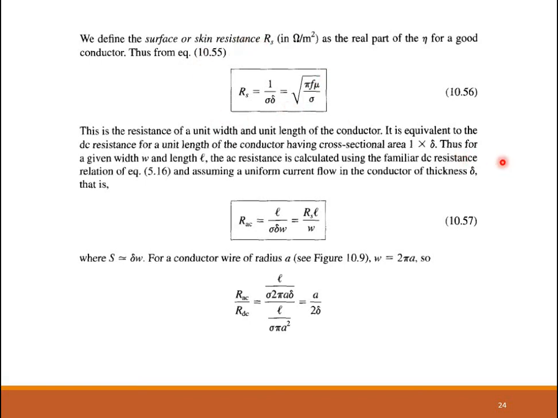Okay, and so for a given width and a given length L, the AC resistance is calculated using the DC resistance relation itself, in 5.6, that is the previous expression that we just wrote. And if we assume uniform current flow in the conductor of thickness del, so this is the effective AC resistance.